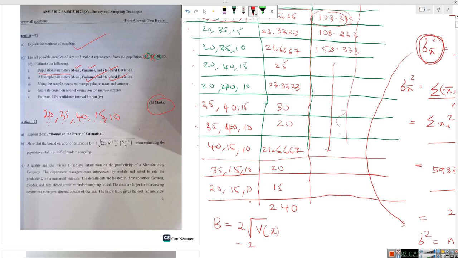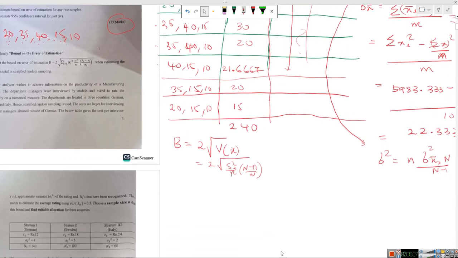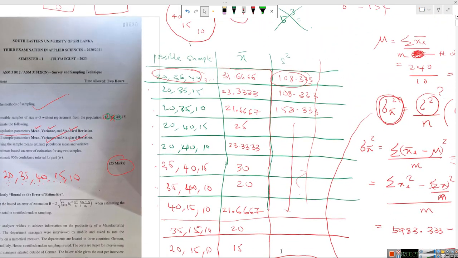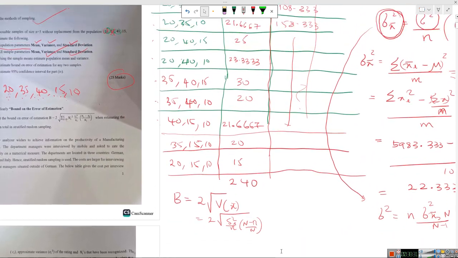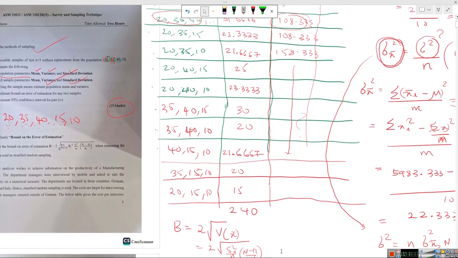So now 2 into square root of this can be s square divided by n, into N minus n divided by N, right? So for each sample mean this would be Si squared, right? So if I consider the first sample, 20, 35, 15, and for that the Si squared is 108.333.